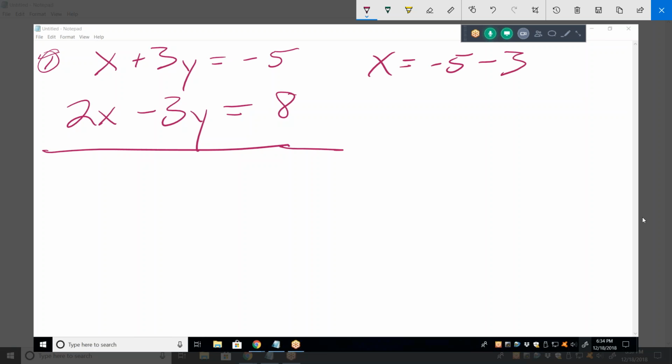All right. So we're going to cross this one out. There's our other equation. Now what are we going to do? What's the technique called? What technique do they want you to use to solve this?